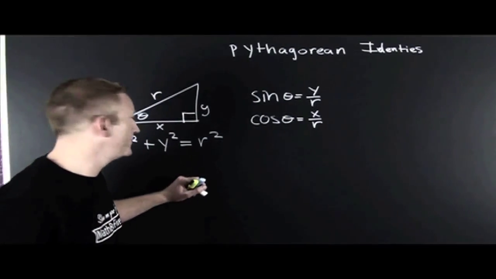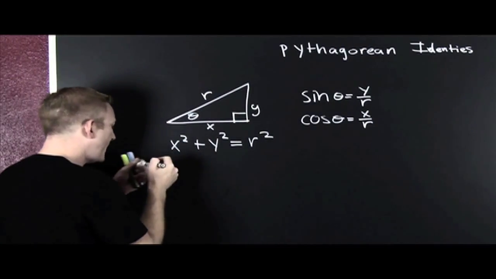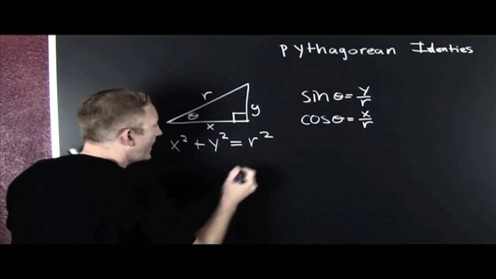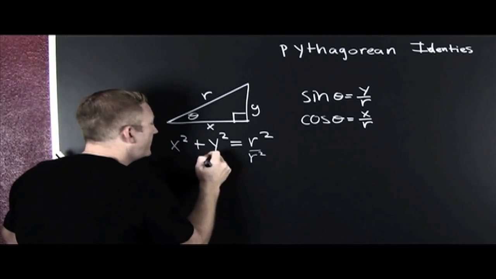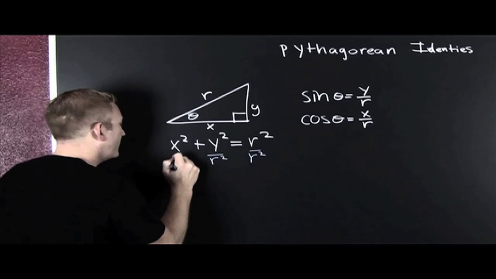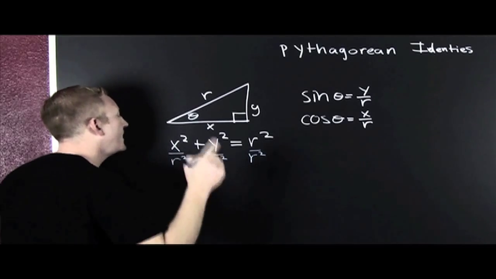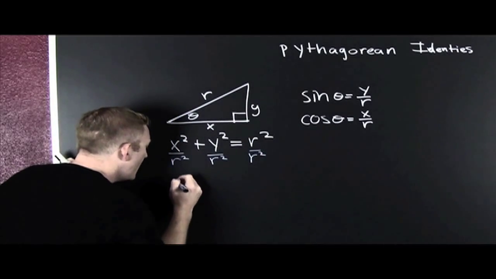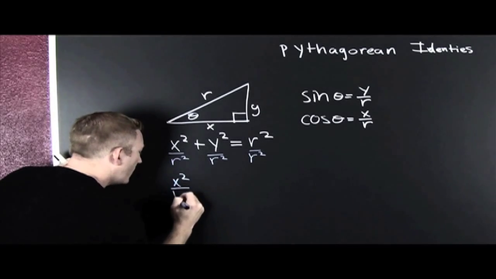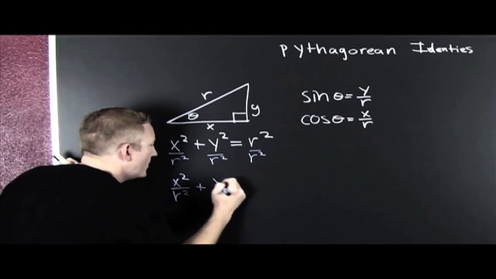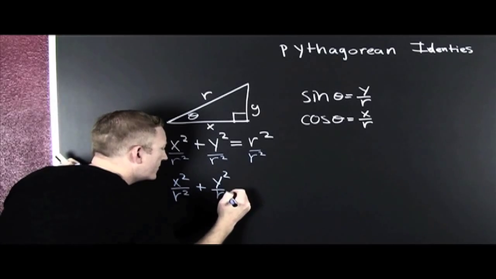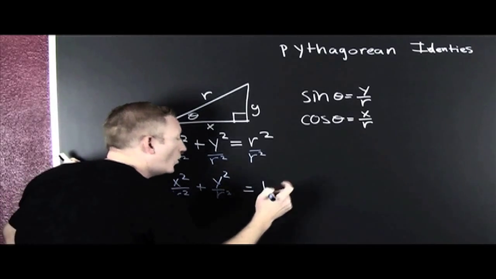So I need to tie this up by dividing both sides by r squared. Then I'm going to have x squared over r squared plus y squared over r squared, equal to 1.